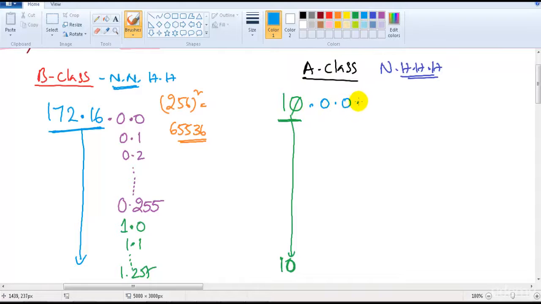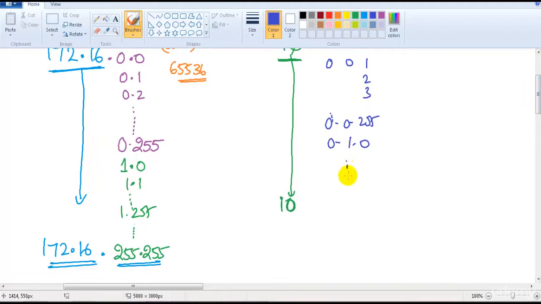We can only change the remaining three portions because they are host. We can write 0.0.1, 2, 3, go up to 0.0.255, then 0.1.0, and so on up to 0.255.255.